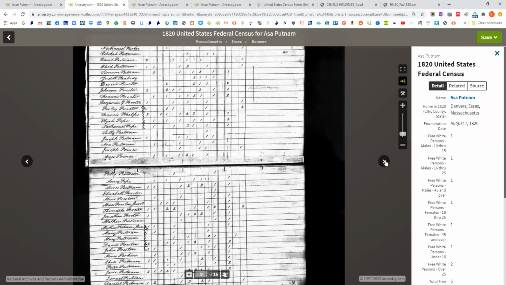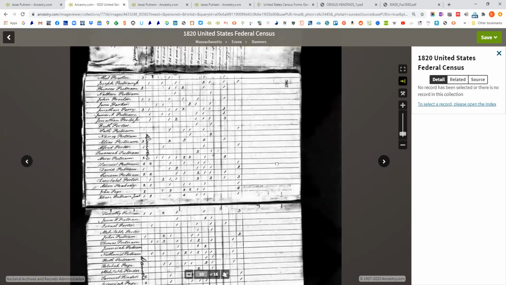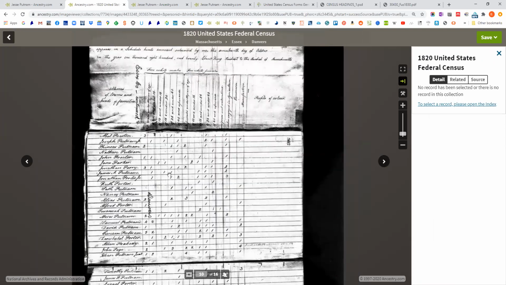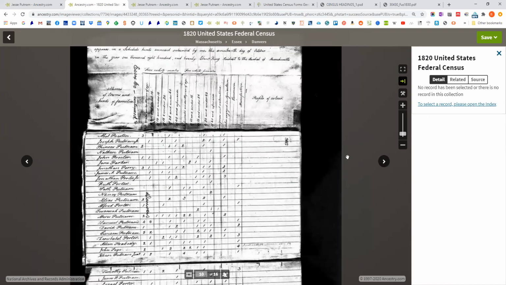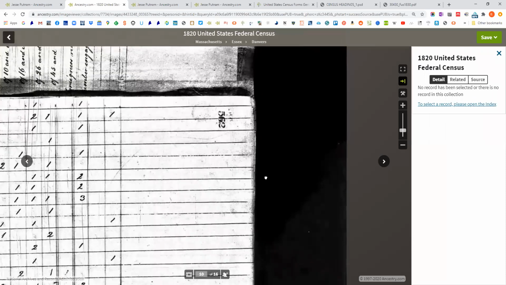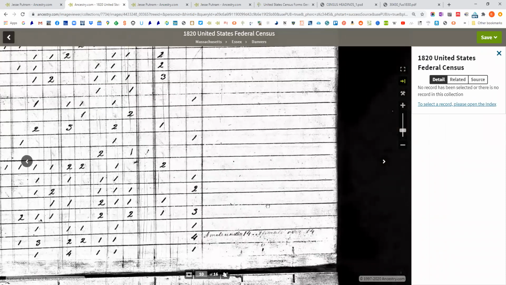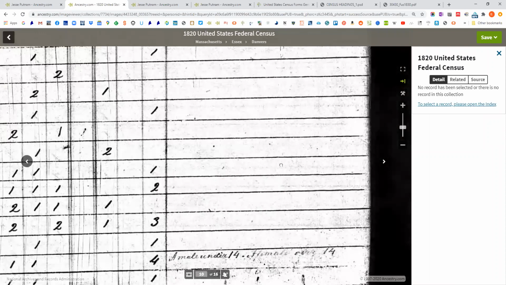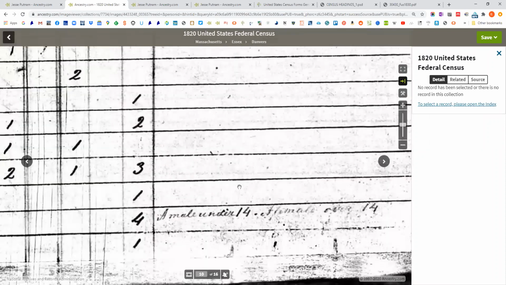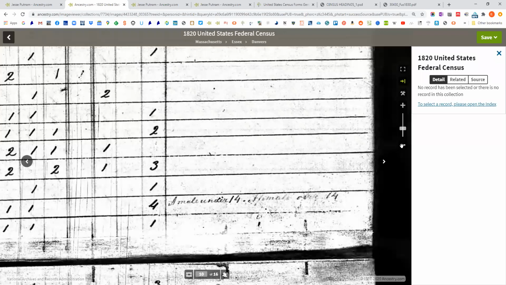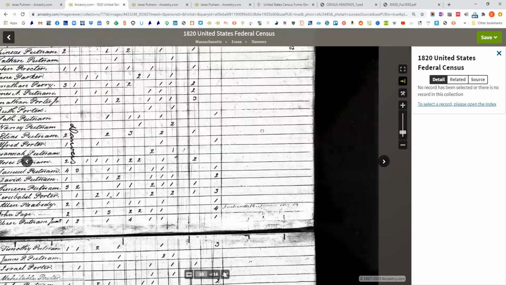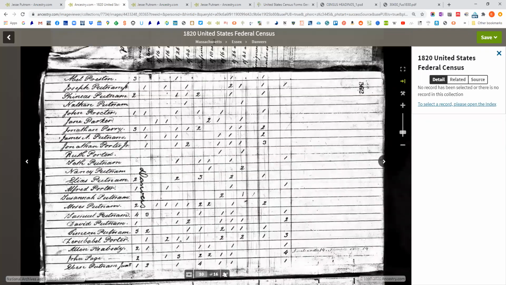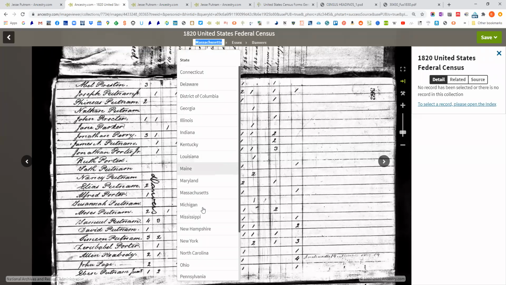So that's for 1820. And as I said, I wanted to point out that duplication of the 16, 17, and 18-year-old males. And again, here you get this where they did break it down. So let's look elsewhere. Let's choose another state.